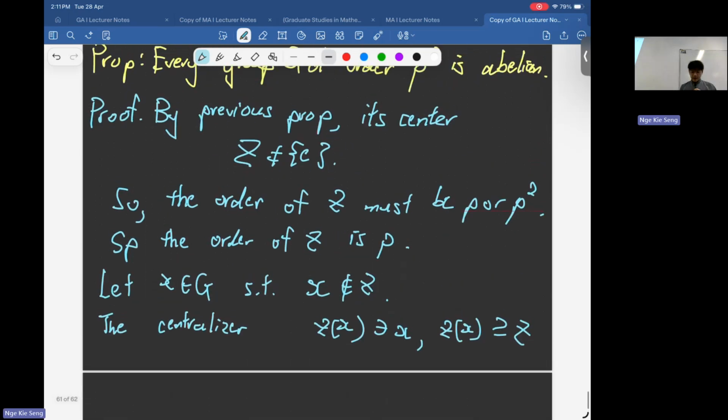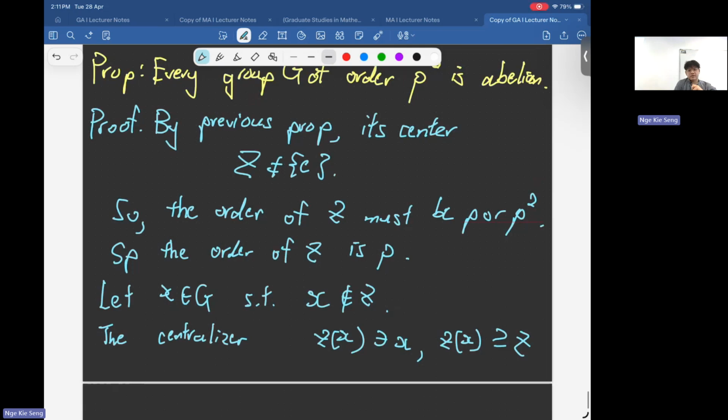Actually, this centralizer, I can say that it is strictly greater than Z, strictly larger than Z. You know why? Yes, because x is not in the center, and then x obviously commutes with x itself.